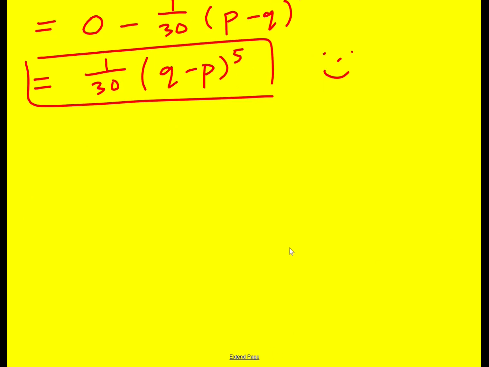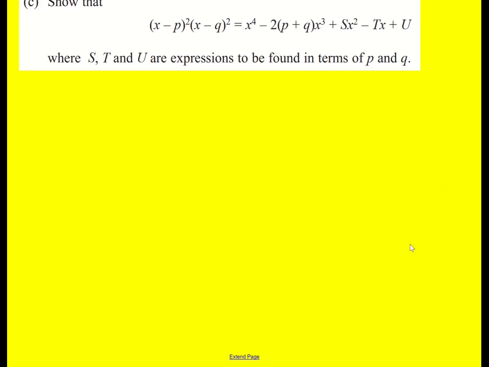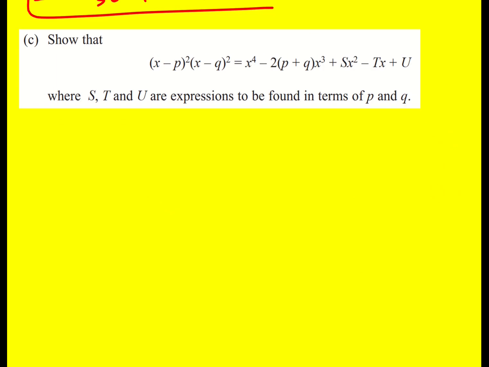Given that this is the last question of the paper and we're really near the end, then actually part C is extremely nice because this is simply basically an expanding bracket question. So start from the left-hand side. And then I'm going to expand the x minus p part.